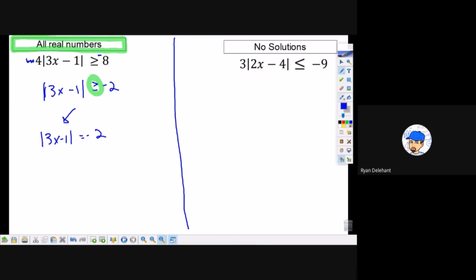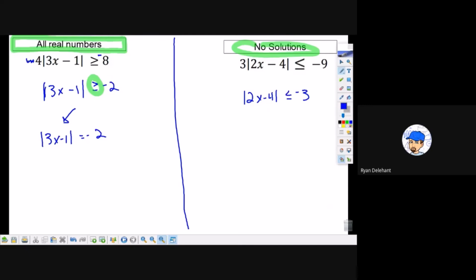So when you get this negative on the outside, you need to look at the inequality. Let's look at why this one is no solutions. Because this one right here is no solution. So let's do our division. Why is this one different? Because that inequality faces the other way, towards the number.